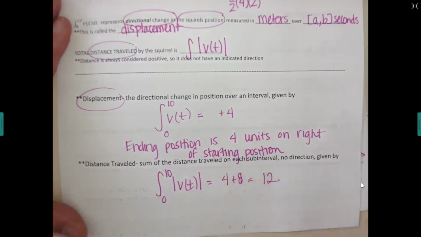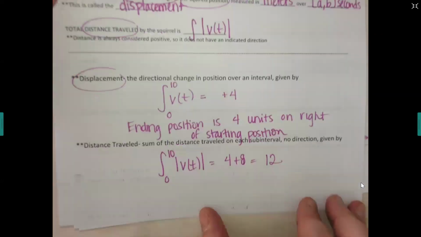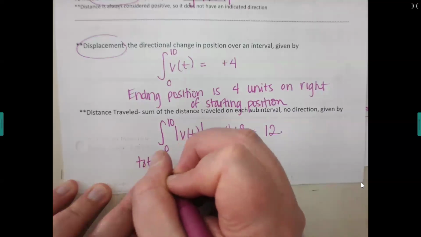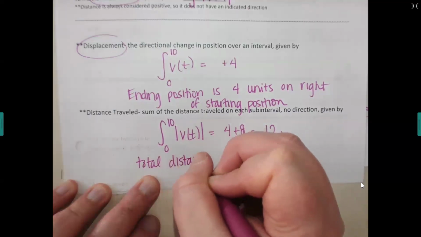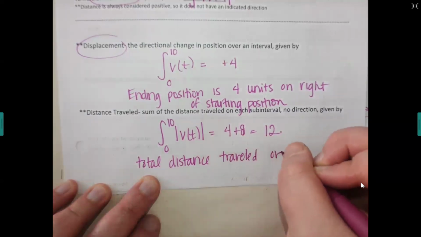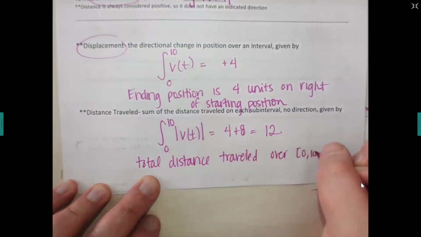Correct. So he traveled a total of 12 meters. It doesn't matter that 4 of them were backwards and forward that canceled out with each other. So this is the total distance traveled over the 0 to 10 seconds.